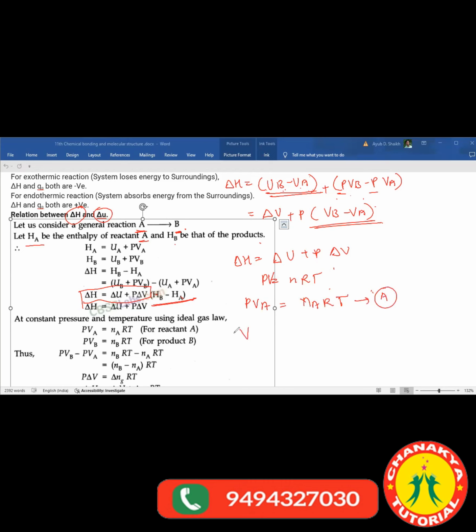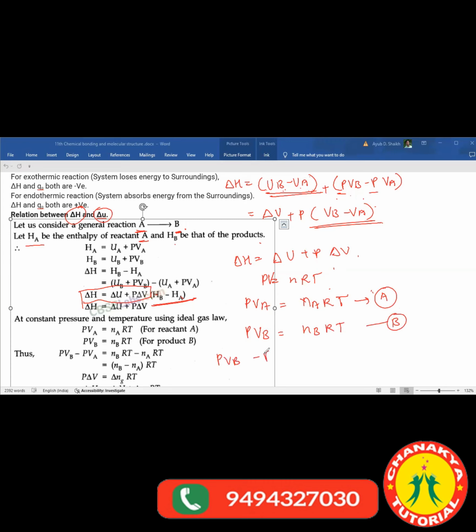And then PVB is equal to what? It will be NB RT. This is for the product B. Now, what would be the change in this that you need to calculate?